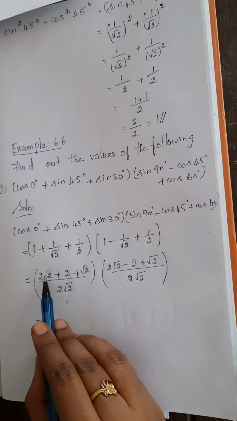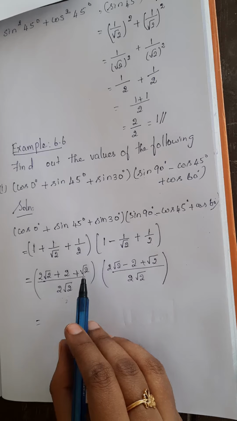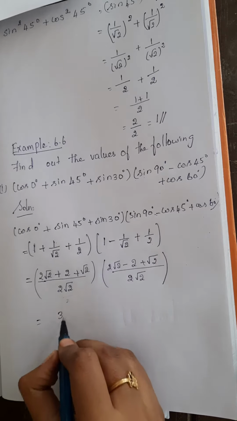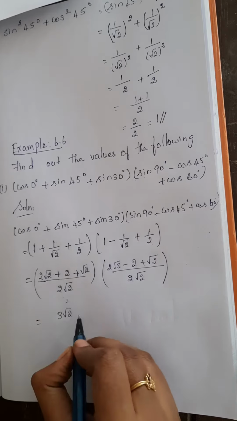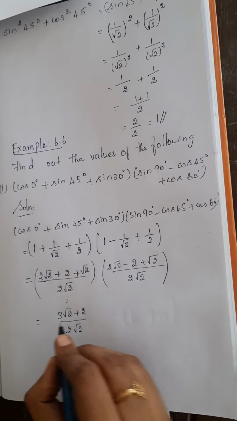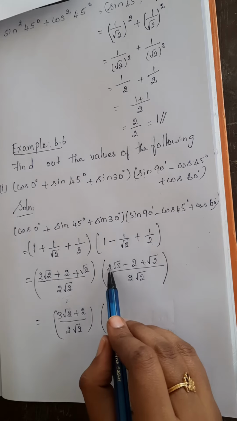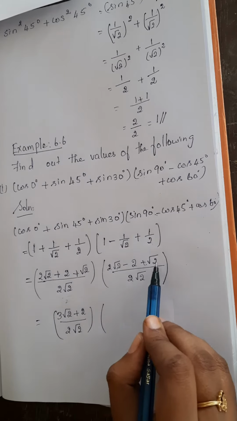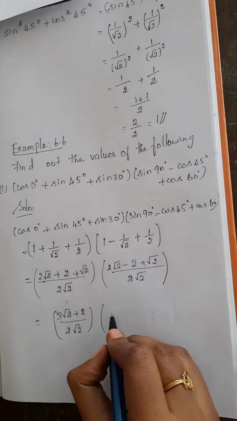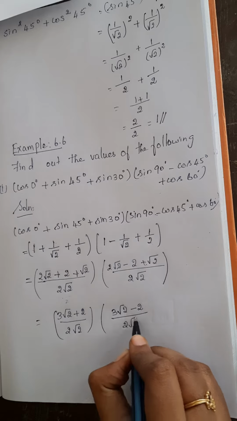So 2 root 2 plus root 2 is 3 root 2, then plus this 2 by 2 root 2. Next term, the same 2 root 2 plus another one more root 2. So totally 3 root 2 minus 2 by 2 root 2.